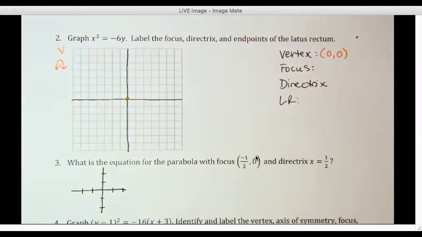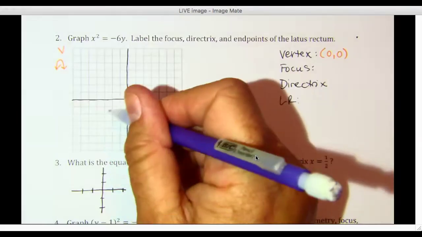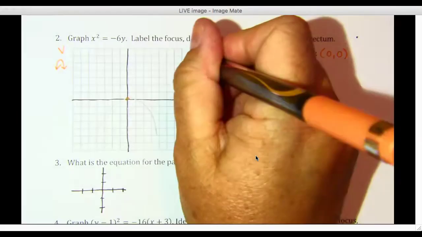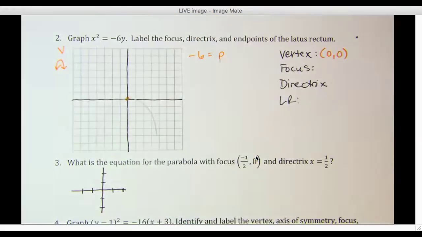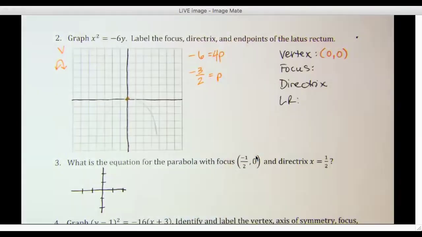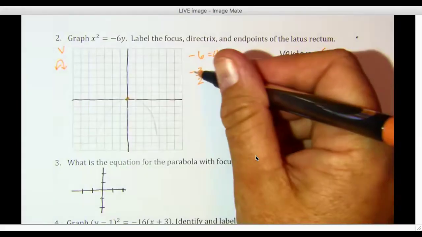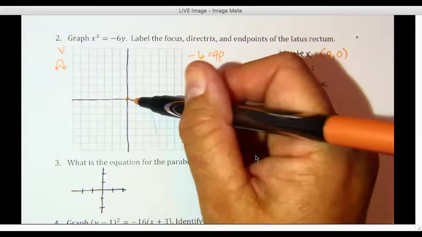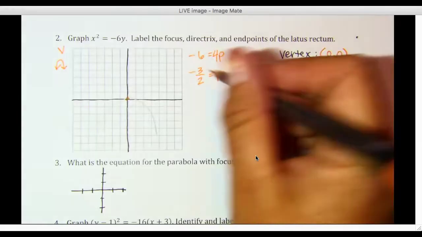And again, real lightly in pencil, I'm expecting to see something like this. So -6 is equal to my 4p value. Dividing by 4, I get -3/2 for p. I don't really need to worry about it being negative; we're really talking about a distance here. So 3/2 is 1.5.